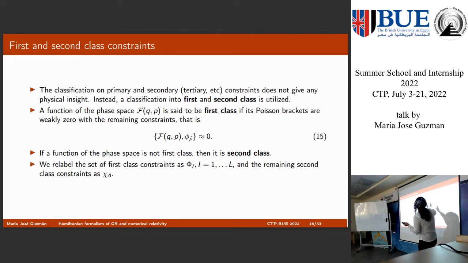So the functions that are first class will satisfy that the Poisson brackets between all these constraints are weakly zero. They just give you another constraint that is zero. And if the constraints are not first class, they are second class. Then we make two groups of constraints, first class and second class.